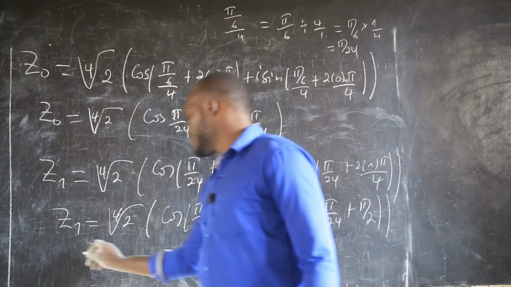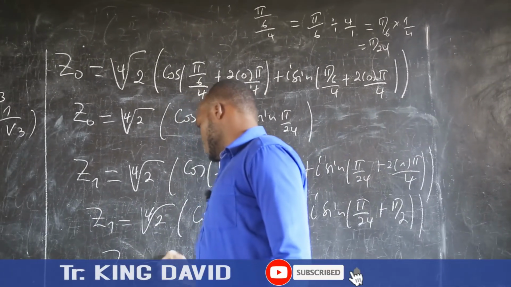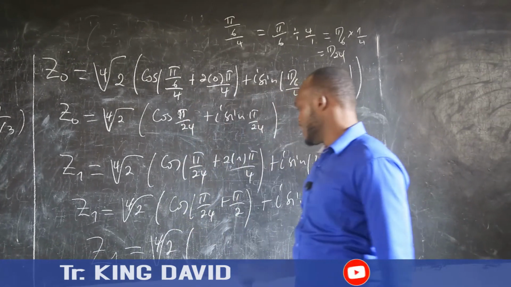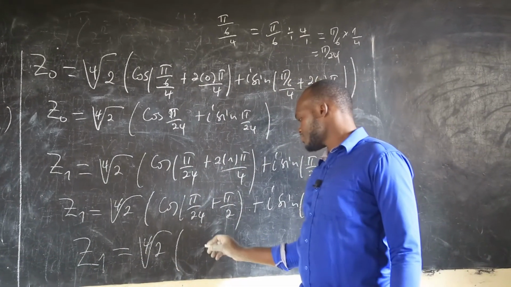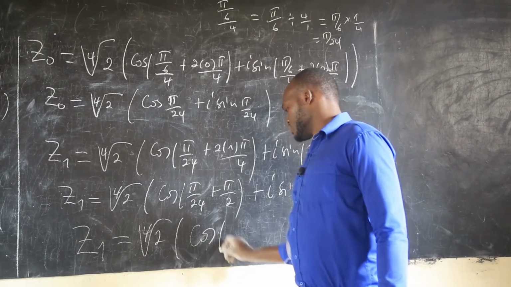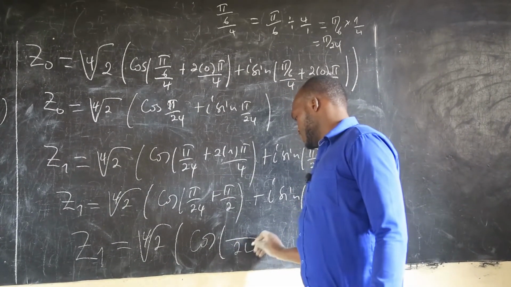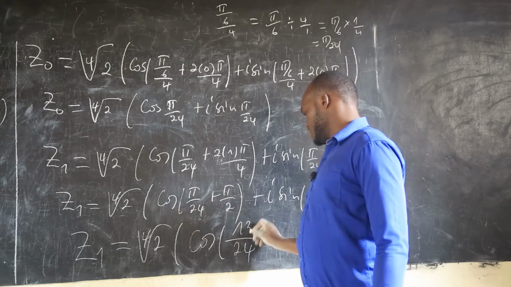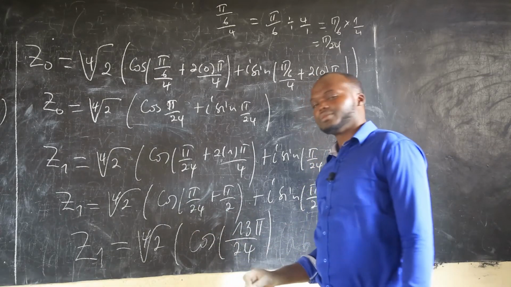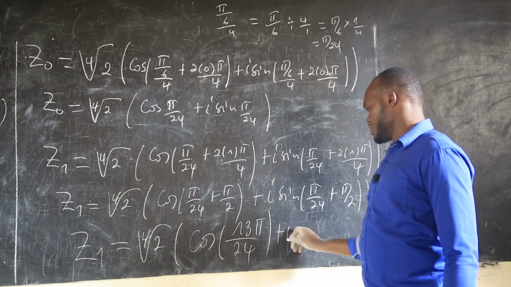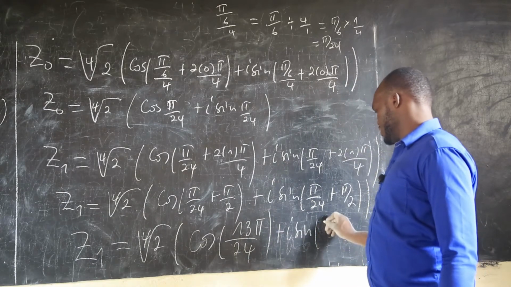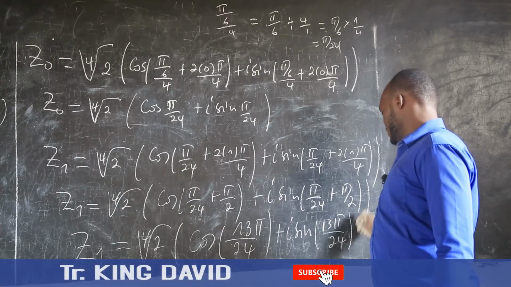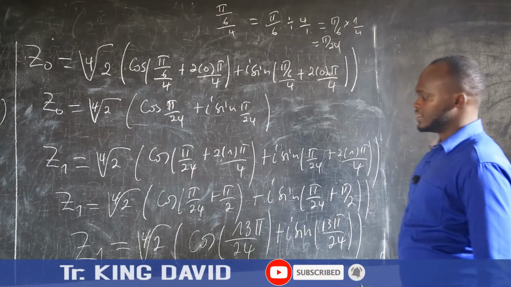The LCM here is 24, so z1 equals the fourth root of 2 into bracket cos 13 pi over 24 plus I sine 13 pi over 24. That is z1.